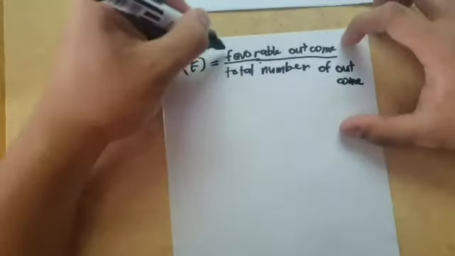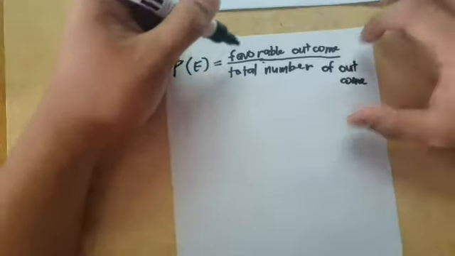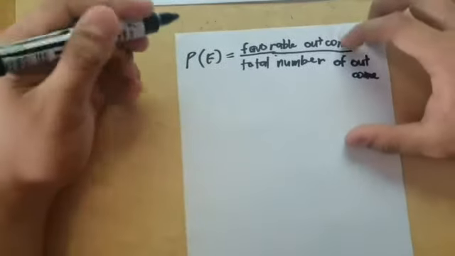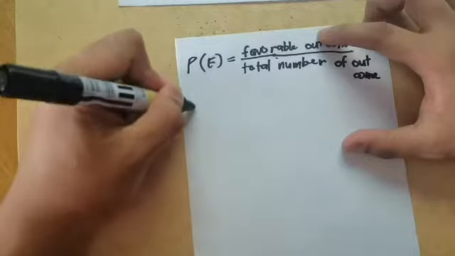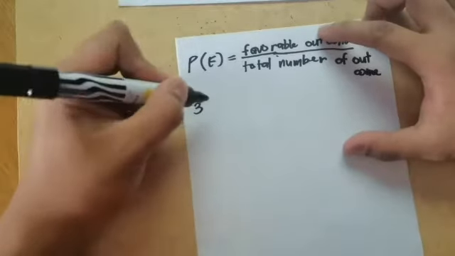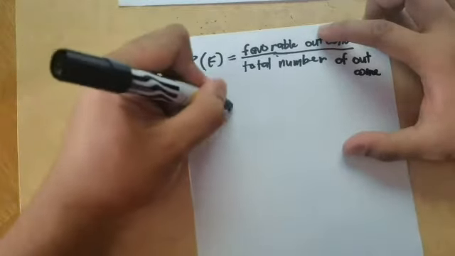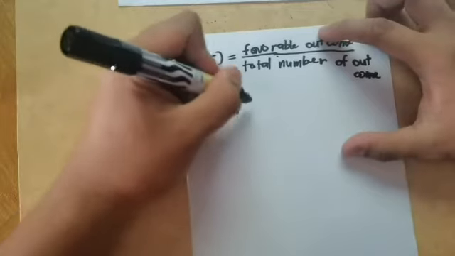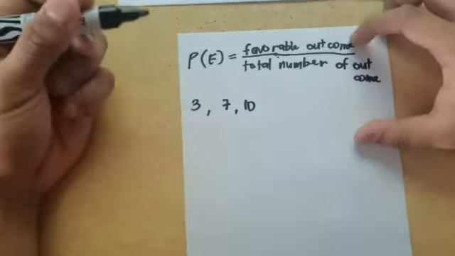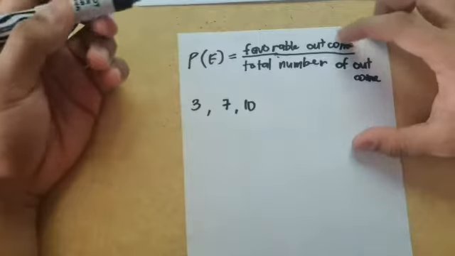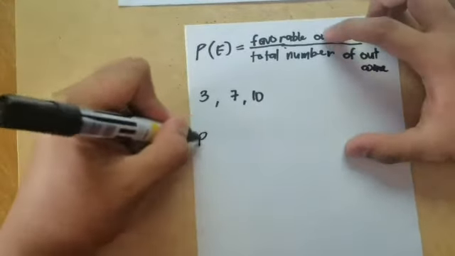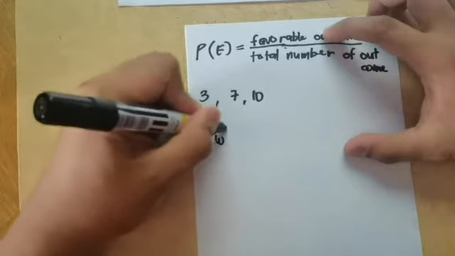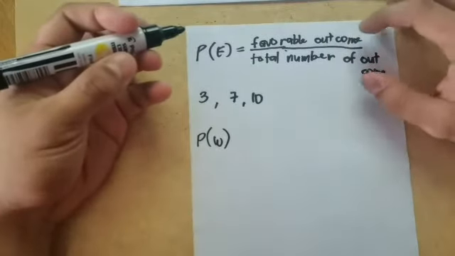Now this should be the number of favorable outcomes. So in the question, there are 3 red marbles, 7 green marbles, and 10 white marbles. So we need to find the probability of the white marble drawn.